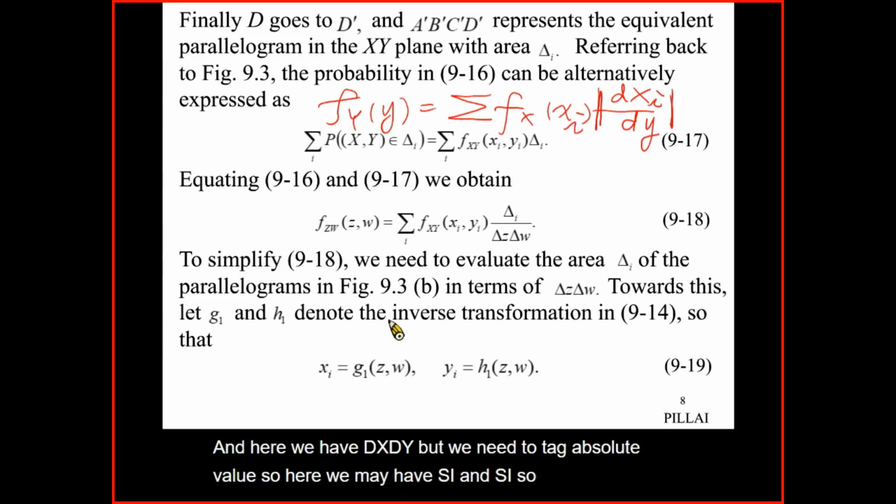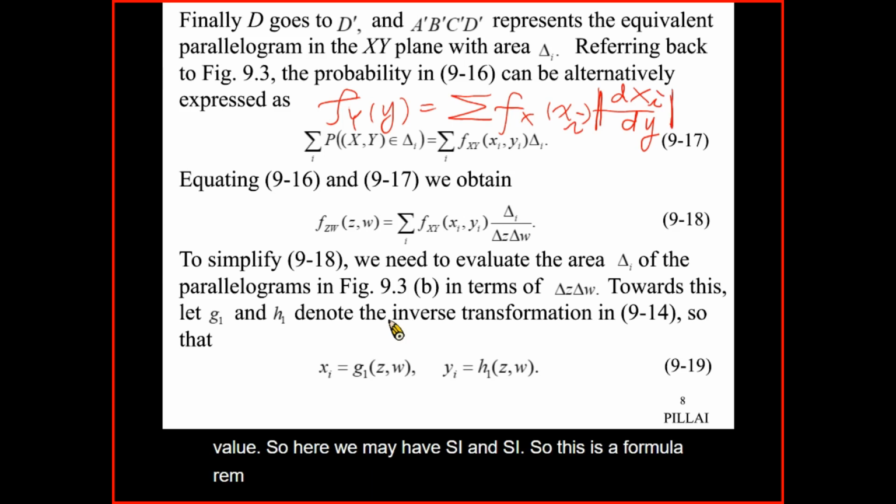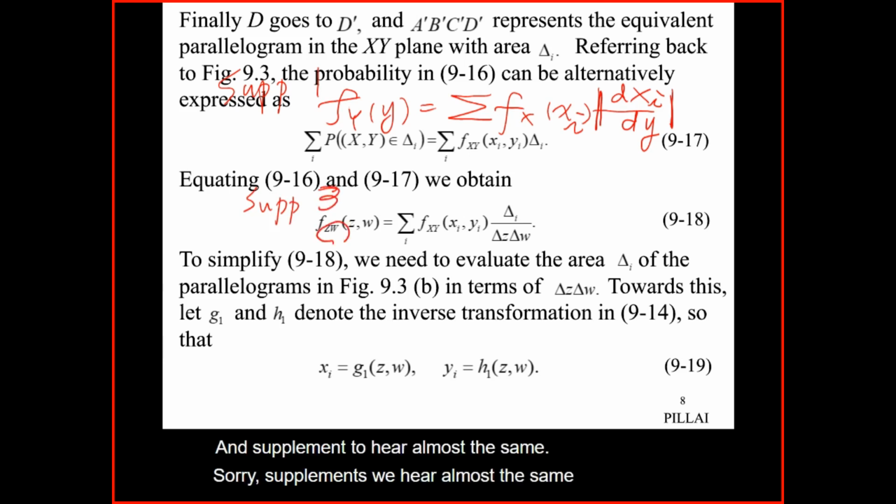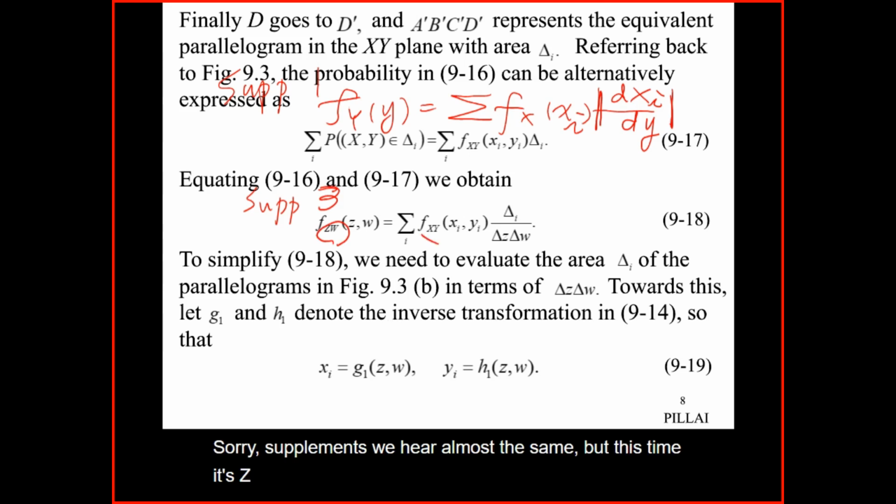So this is a formula, remember? This one, supplement 1. And supplement 2 here, almost the same. Supplement 3 here, almost the same, but this time it's ZW and XY.